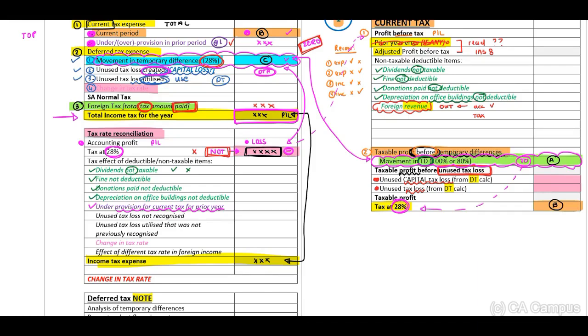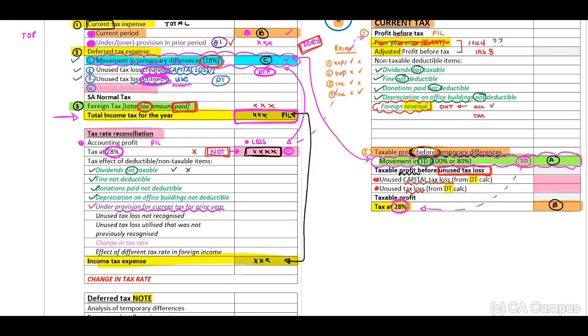Then, if there are any unused tax losses utilized, which we have used, if we think about this, we use a prior loss created. If we use that loss created in the prior year, this will be included in our current tax calculation, as we have used the loss to be able to calculate our current tax. Therefore, guys, will this be a reconciling item?